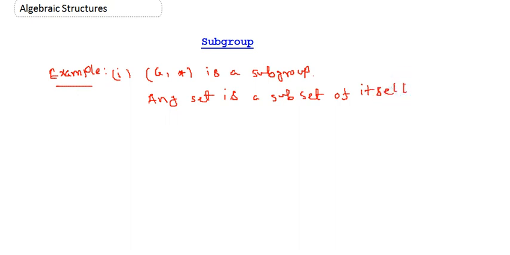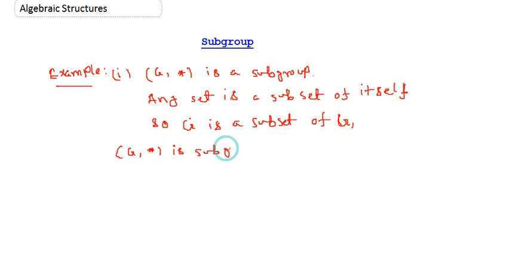So G is a subset of G. Since G is a subset of G, we can call G with that same composition a subgroup of G star itself.